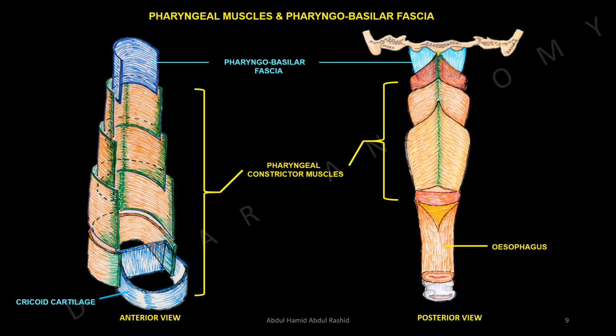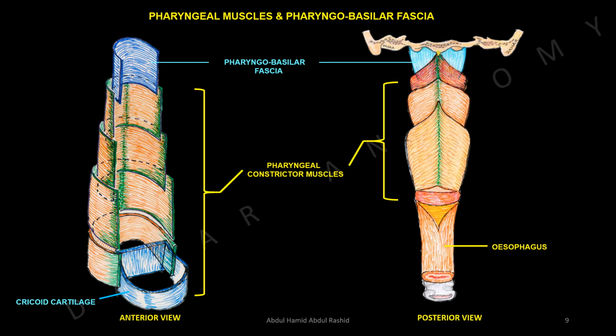These are very schematic diagrams of the pharyngeal muscles and pharyngobasilar fascia. As I have stated earlier, the pharynx is a fibromuscular tube made up of fibrous tissue and muscles, and the anterior part of the pharynx is deficient and directly related to the nasal cavity, the oral cavity, and the laryngeal cavity anteriorly.